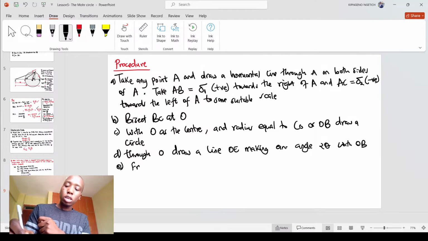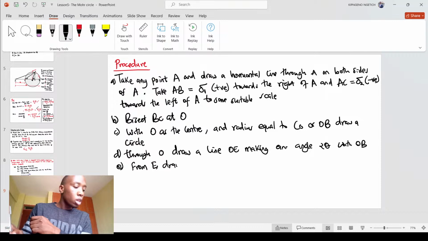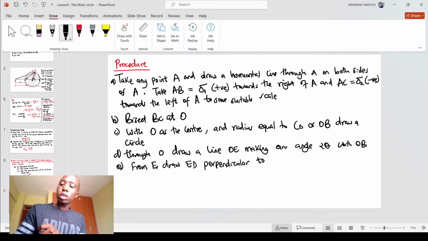From E, draw ED perpendicular to AB. Join AE and CE.